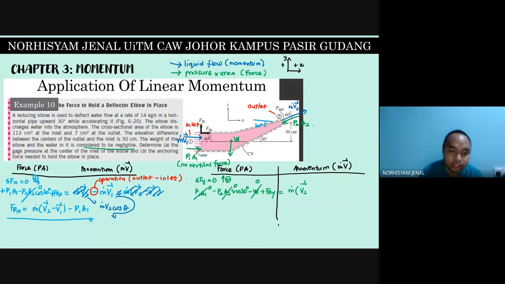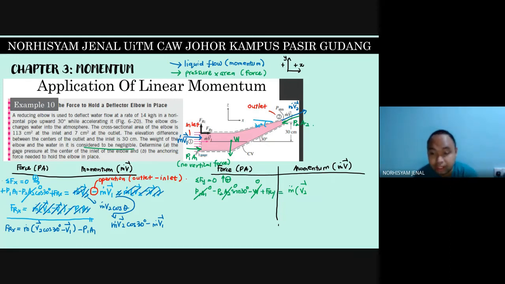So the equation should be m dot V2 cos 30 degree minus m dot V1. Because there's an angle here, I forgot about the angle. So FRX should equal m dot V2 cos 30 degree minus m dot V1, sorry, I overlooked that just now, minus P1A1.